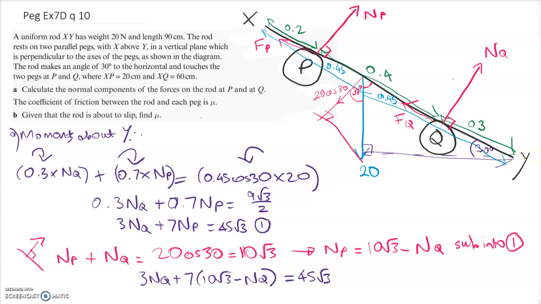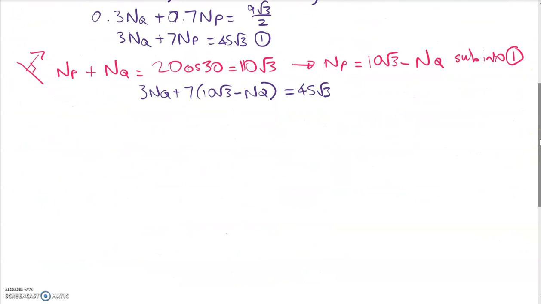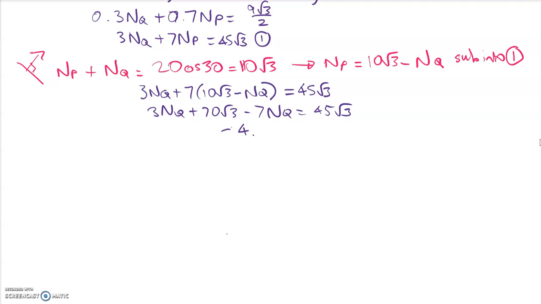Now we've got to multiply out the bracket and just rearrange this a little bit. So we're going to get 3NQ plus 70 root 3 minus 7NQ is 45 root 3. Put everything together, we've got 4NQ, moving the root 3s to the other side.